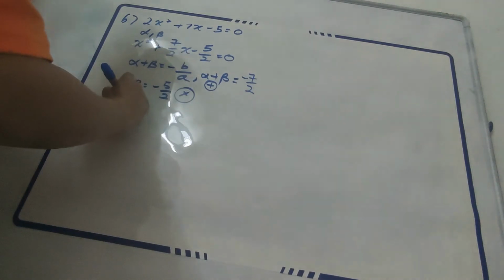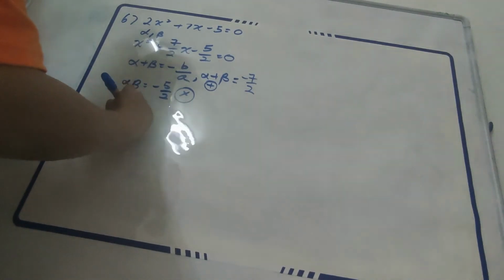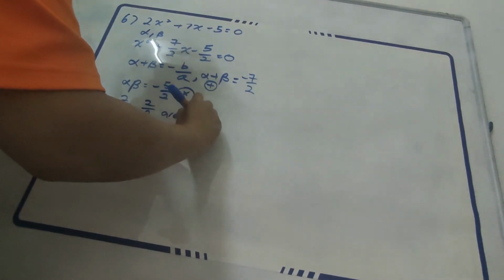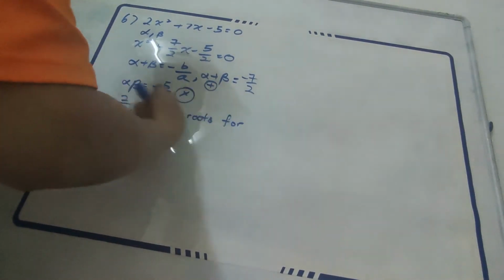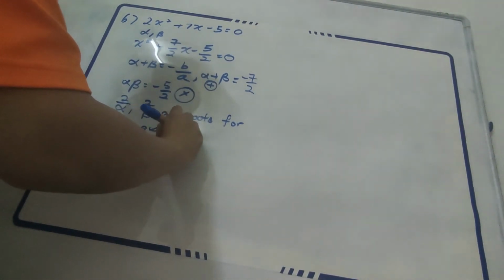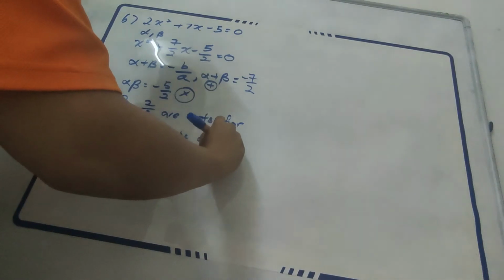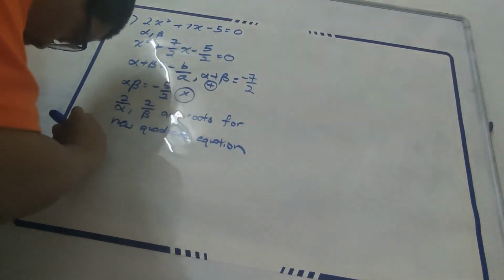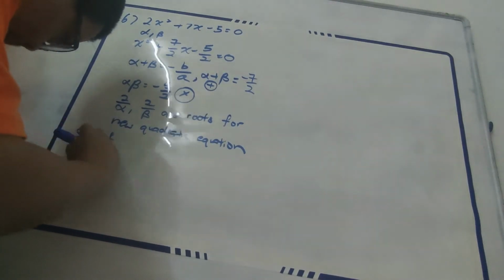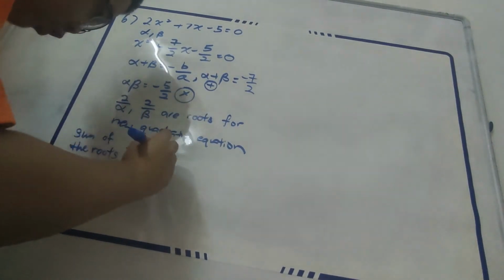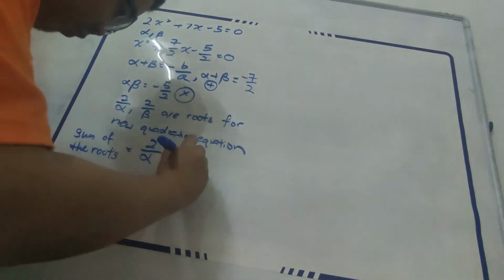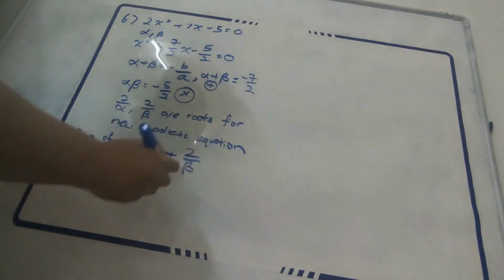The question says to find the new quadratic equation where 2 over alpha and 2 over beta are the roots. So the sum of the roots is equal to 2 over alpha plus 2 over beta.